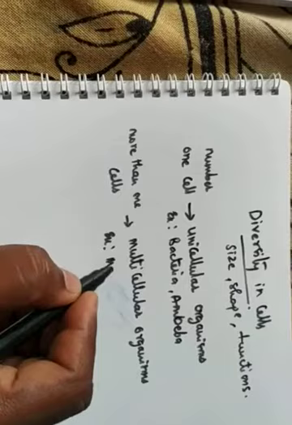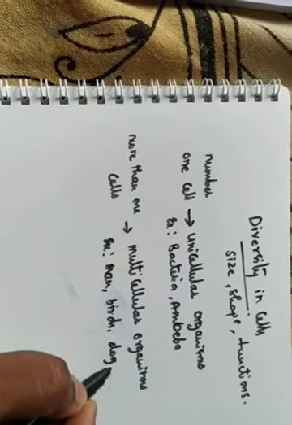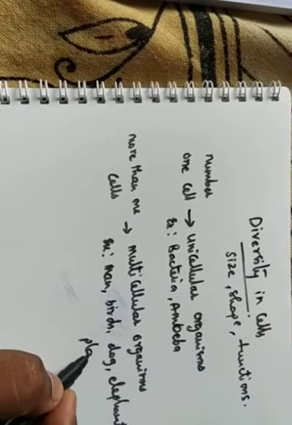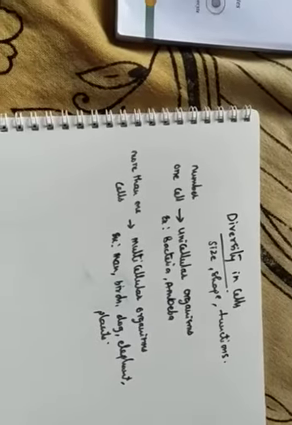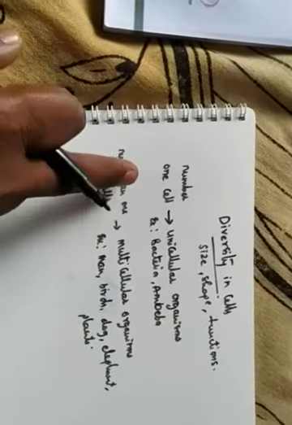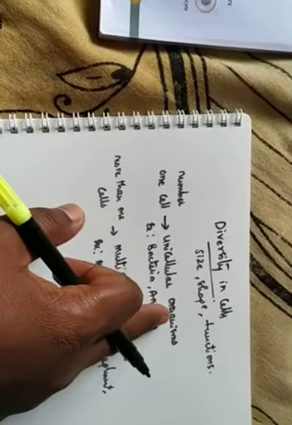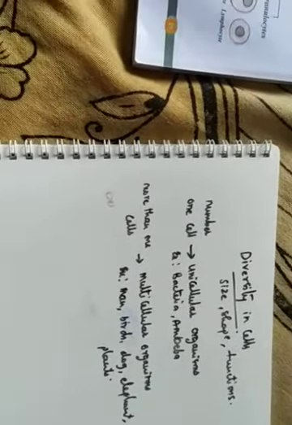Examples: man, birds, dog, elephant, plants, etc. These all come under multicellular organisms. Okay, right? Now, this is based on the number. Based on the number, there is a diversity in the cell. When it is made up of one single cell, we call it a unicellular organism. When it is made up of more than one cell, we call it multicellular organisms.